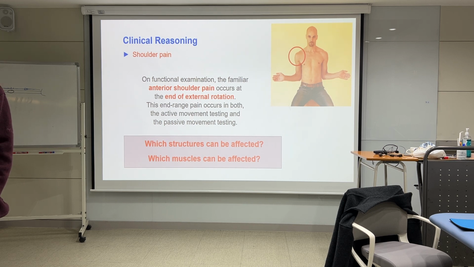The question would be which part of the humeroscapular joint can be provoked by this test? Which part? Do you have an idea? 휴메로스캐플라 조인트에 한해서 이렇게 생각을 해봤을 때로 다시 전제를 깔고 얘기를 해봅시다.